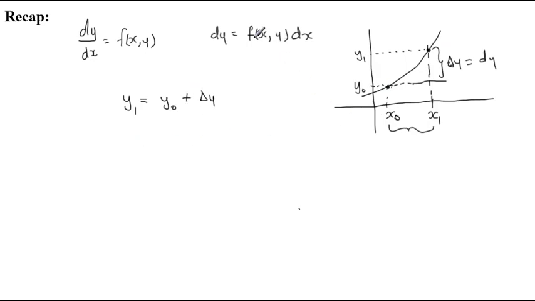At the end of the day, the change in y itself is the change in x multiplied by the value of the function, in this case at x0 comma y0.